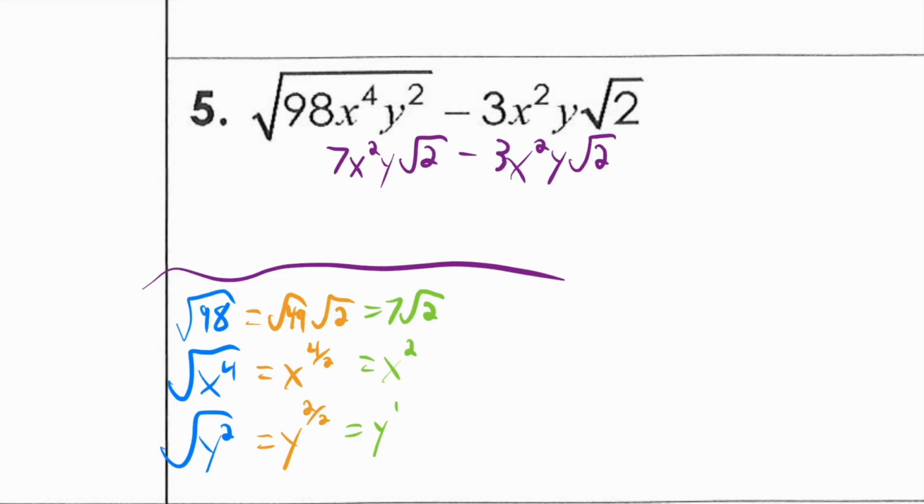And now those have the same radical, square root of 2, but they also have the same variables and exponents. If they didn't have the same variables and exponents, you wouldn't be able to combine them. So they have to have the same variables and exponents and the same radicals if they have both. And so we just combine the coefficients and get 4x squared y square root of 2. And that's our answer.